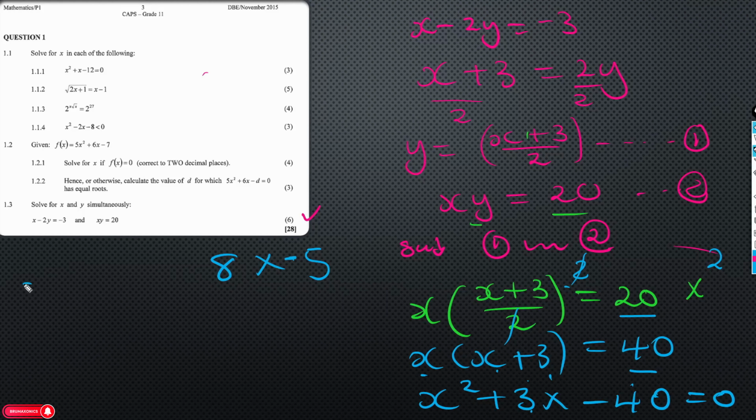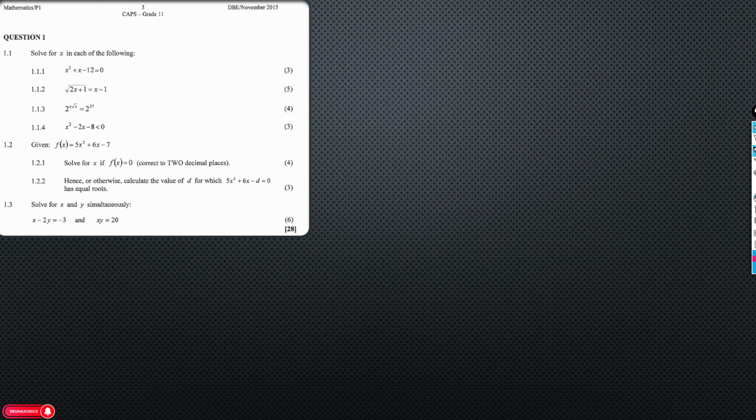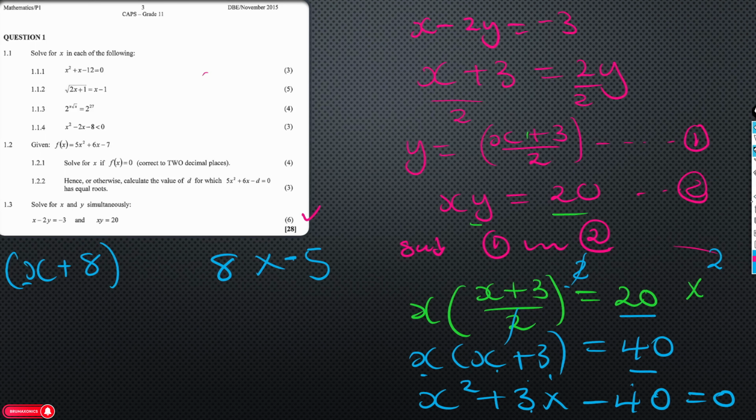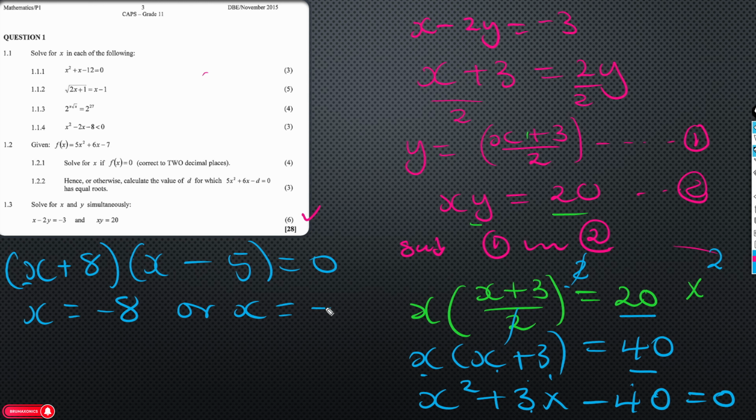So meaning that our factors will be x plus 8, then into x minus 5 equal to 0. So this means that x is equal to negative 8, or x is equal to positive 5, right? So these are x values.